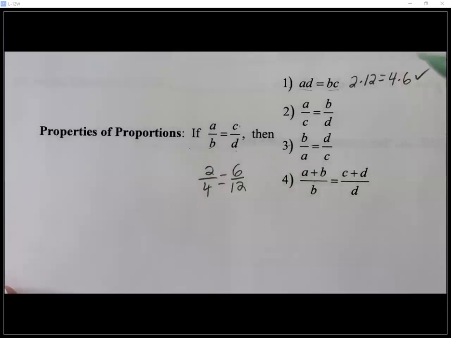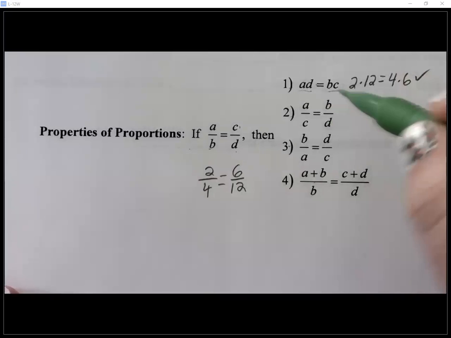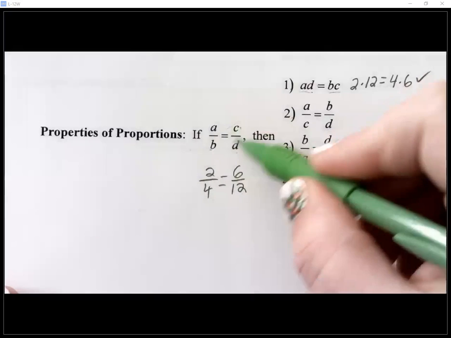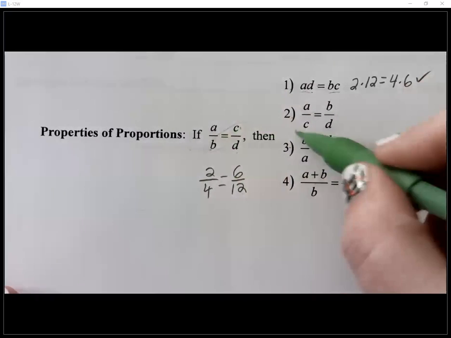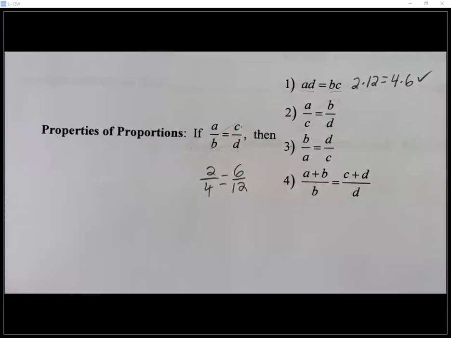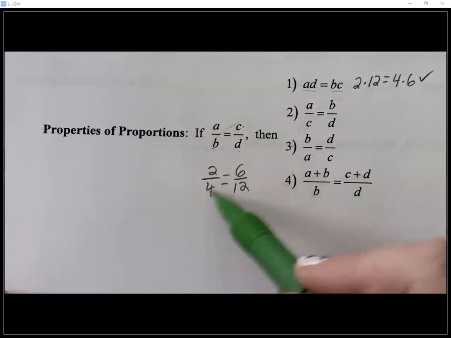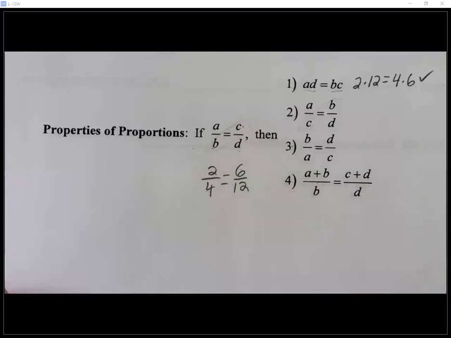Take a look at the next one. Look at what has happened. We have basically taken one diagonal, the B and C, and swapped them. Do you see that? So hold on a minute. You mean to tell me if I have a proportion and I take one diagonal and swap it, it's still going to be equal?